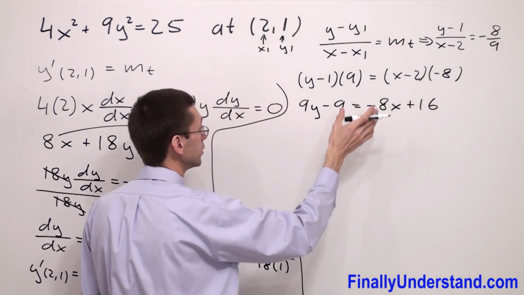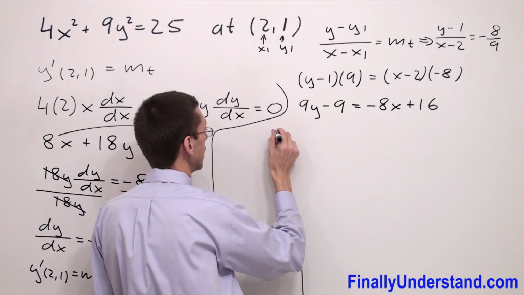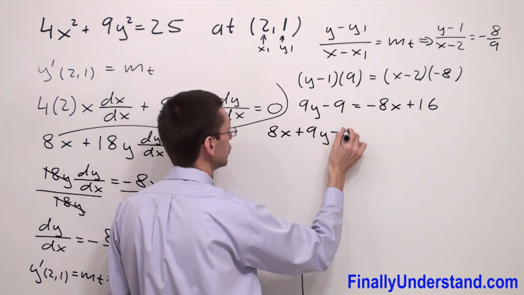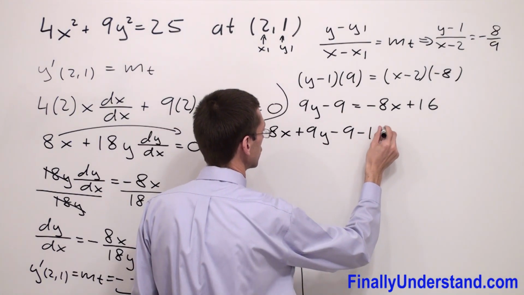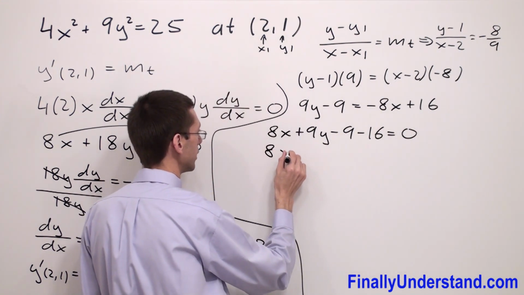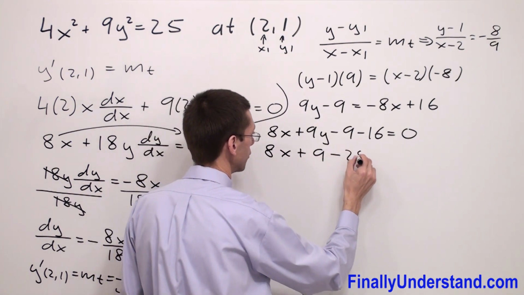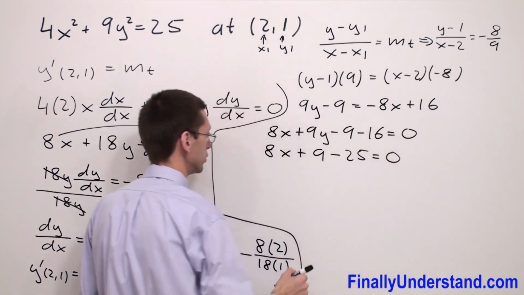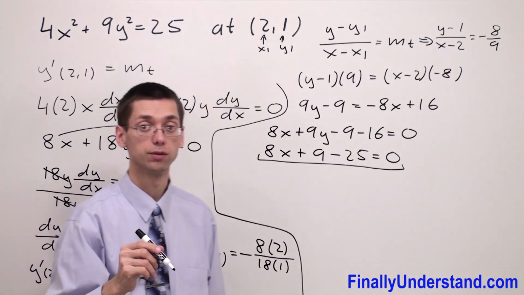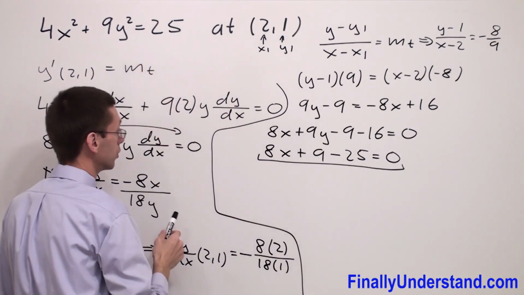I'm going to move everything from the right side to the left, and I have 8x plus 9y minus 9 minus 16 is equal to 0. So I have 8x plus 9y minus 25 is equal to 0. Okay, so this is the equation of the tangent at this point for this curve.